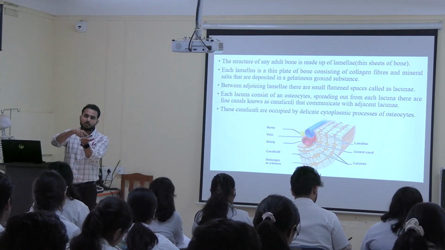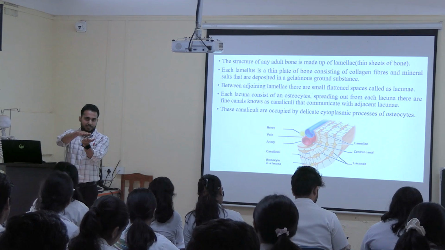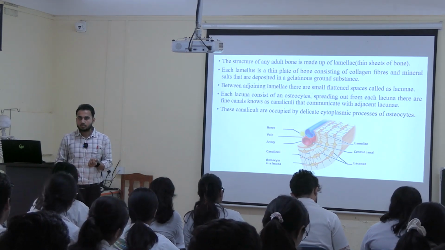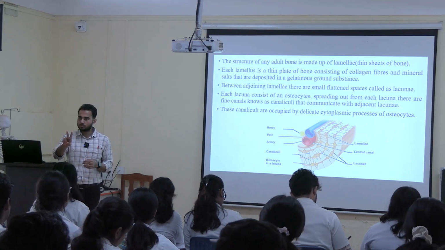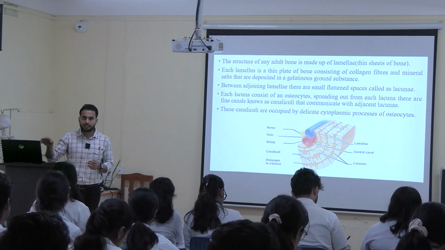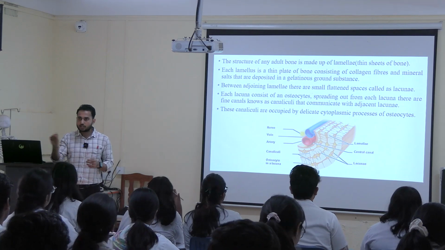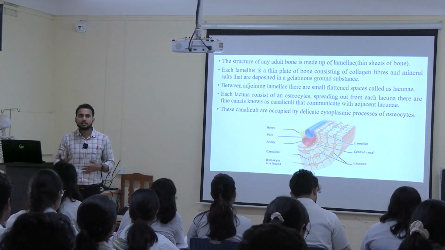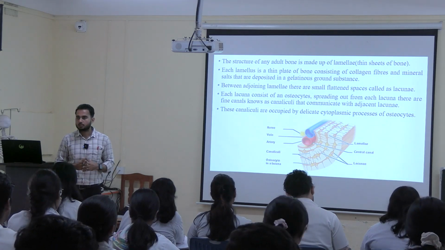Now another important point. These lacunae between the adjacent plates are interconnected to each other. It is not like only two plates will be there. Multiple lamellae are there, so multiple lacunae will be there. One lacuna and another lacuna are connected to each other by the canaliculi.